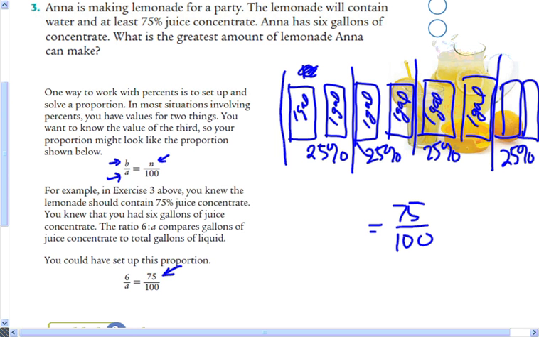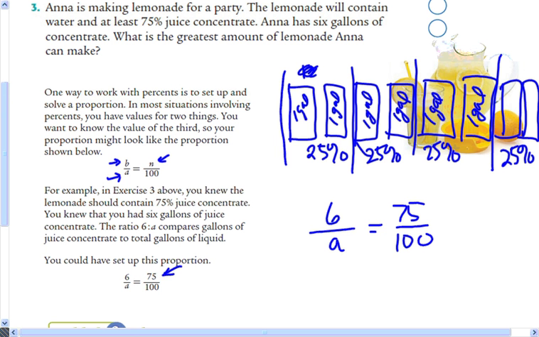And we also know that the concentrate is part of the whole lemonade mix. So it's not the whole, it's the part. And we want that to be 6 parts. So 6 parts out of the whole, A in the whole, makes up this proportion. Now, once you have that, you can solve the proportion.